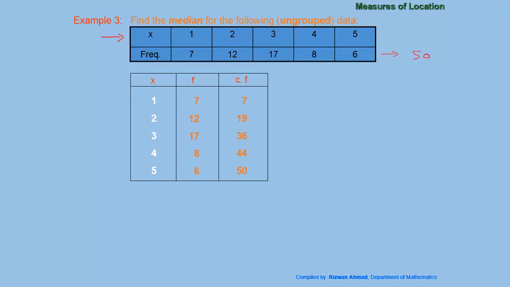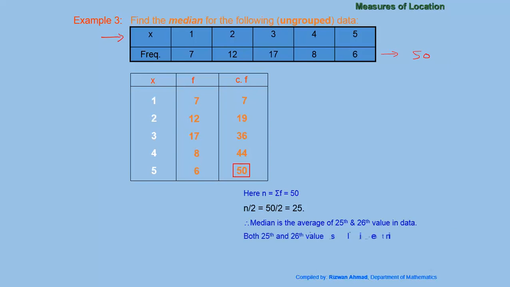Okay, so now 50 is an even number. In case of an even number, we take 50 divided by 2 and the next value. So sigma f, which is n, is 50, and 50 divided by 2 is 25 and the next value is also the 26th value. So both 25 and 26 are lying in the third class.